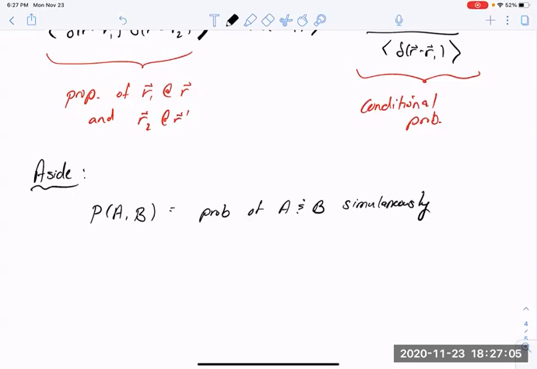It doesn't necessarily mean simultaneous in the temporal sense, but that's seeing two random events having a given outcome at the same time. It's the probability of flipping two coins and seeing them both be heads, for example.